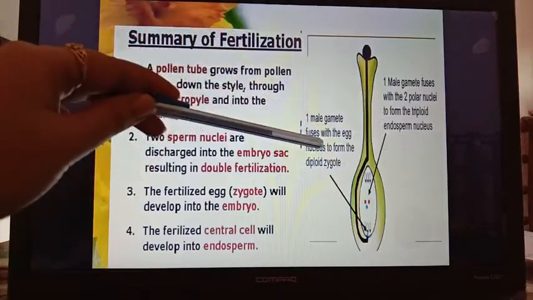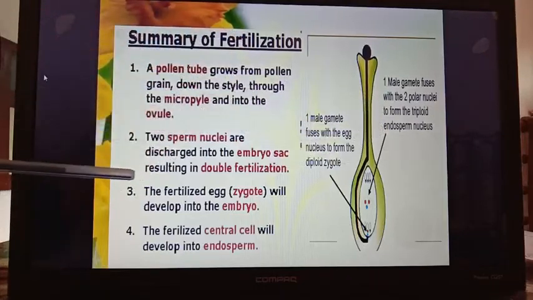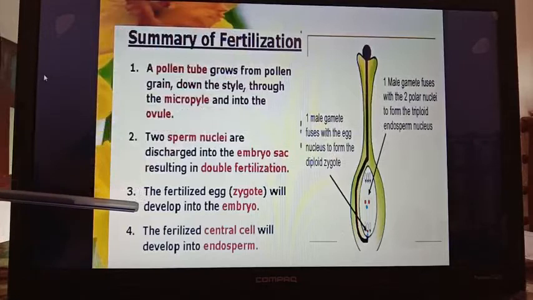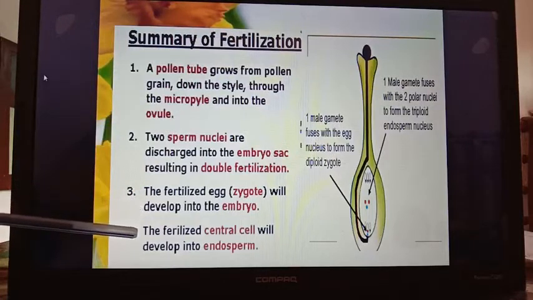So two types of structures are formed. The zygote, the fertilized egg, will develop into the embryo, and the fertilized central cell will develop into the endosperm. As two fertilizations are occurring, it is known as double fertilization.